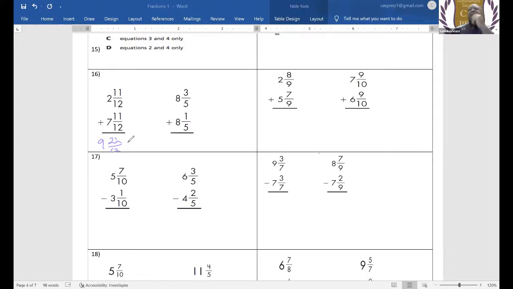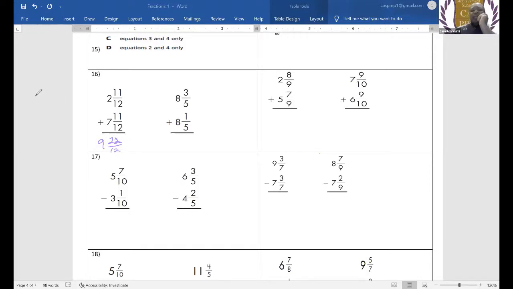So what this is saying is that with this particular 22 over 12, my whole is equal to 12, but I actually have more than my whole. So what that means is I can pull out an entire whole piece from this. And the way we do that is really through subtraction.